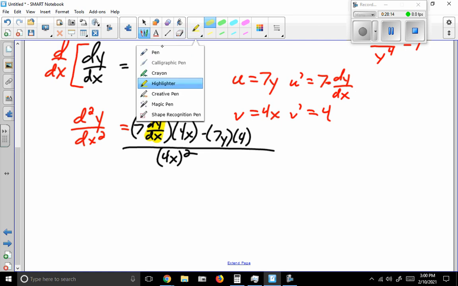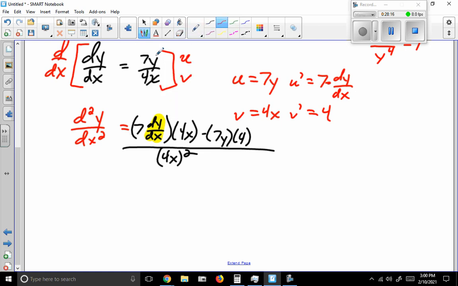So we can replace dy over dx because we know what dy over dx is. It is equal to 7y over 4x. So in place of dy over dx, I'm going to put 7y over 4x. But I'm only putting that where dy over dx is.